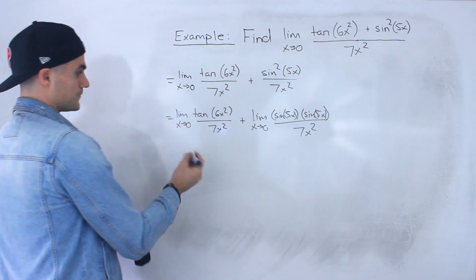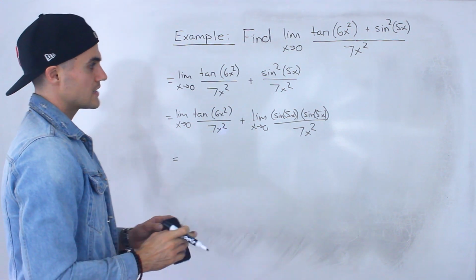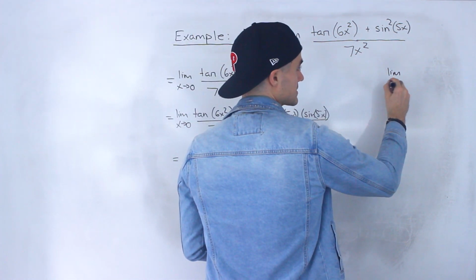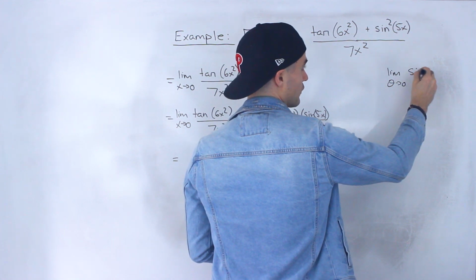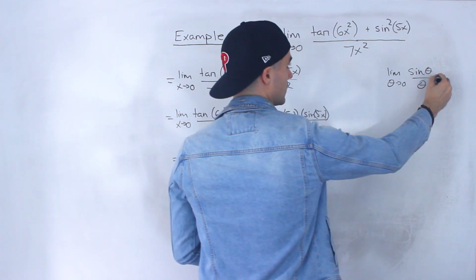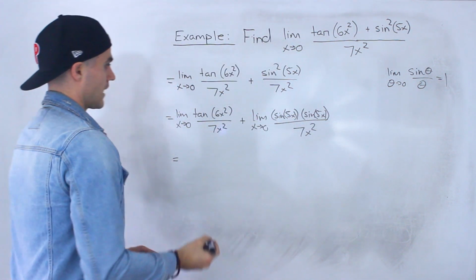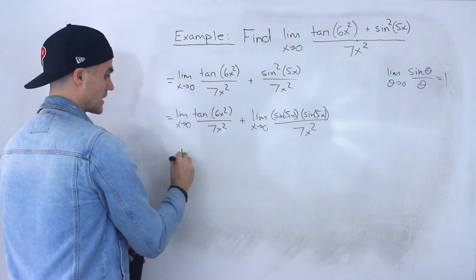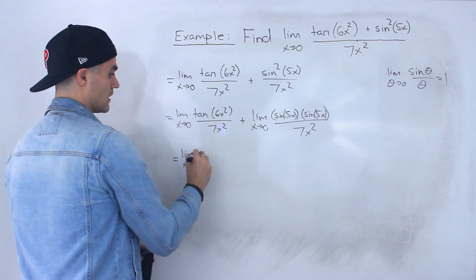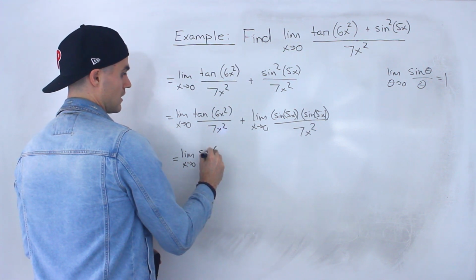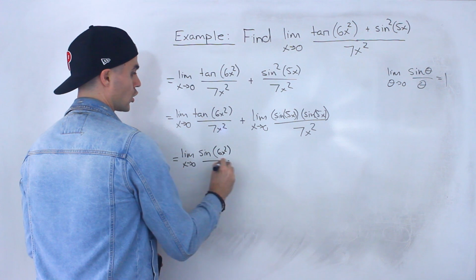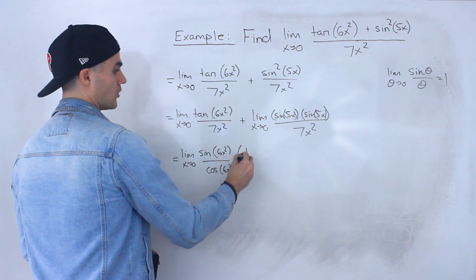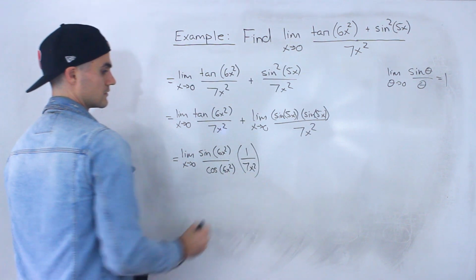Now, remember, these are trig limits, so we're going to try to use the property that the limit as theta approaches 0 of sine of theta over theta equals 1. Here we would convert the tan 6x squared, so we'd have the limit as x approaches 0 of sine of 6x squared over cos of 6x squared, multiplied by 1 over 7x squared.